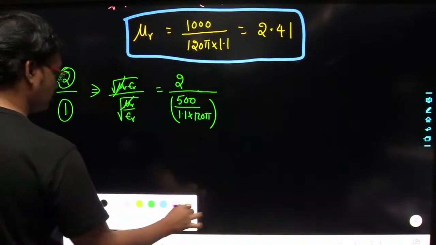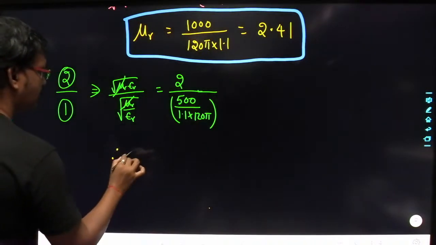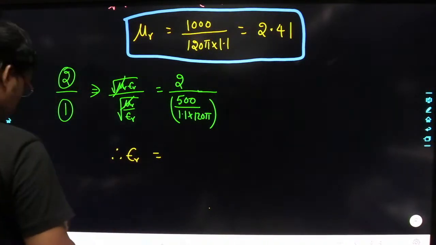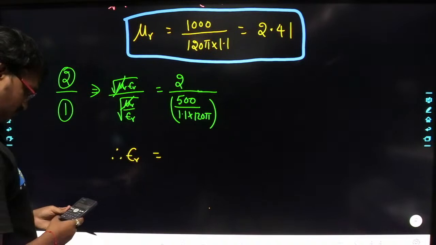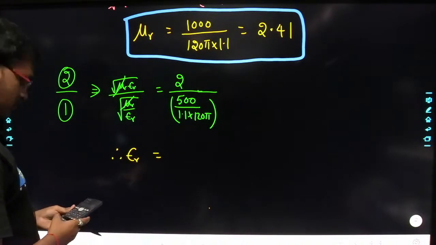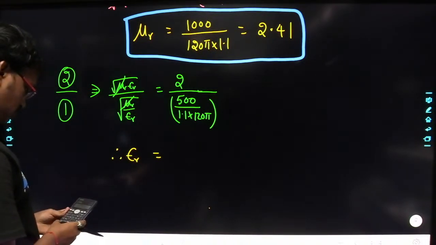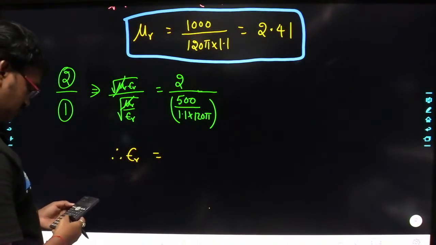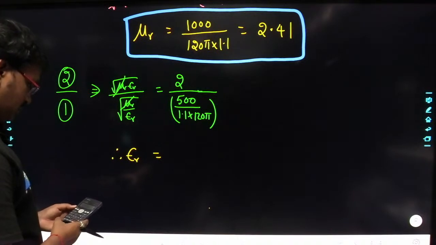So therefore epsilon r is equal to what? So 2 into 1.1 into 120 pi divided by 500.